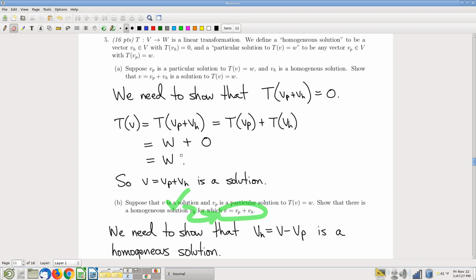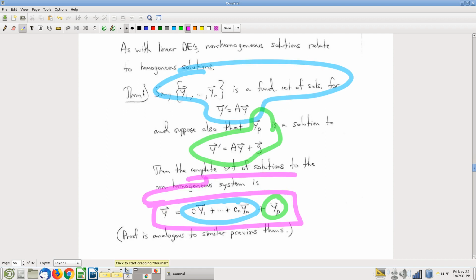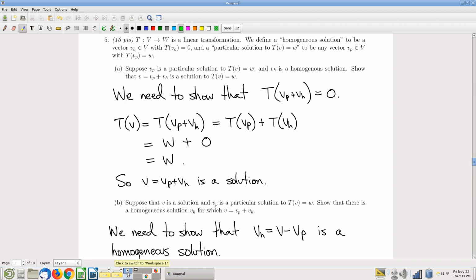Namely, that as we're trying to show in this case here, the complete set of solutions is always particular plus homogeneous. So this argument, which is on the exam and was in class as well, proves the result for every linear transformation.